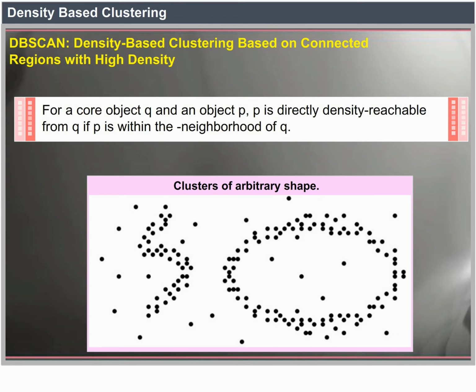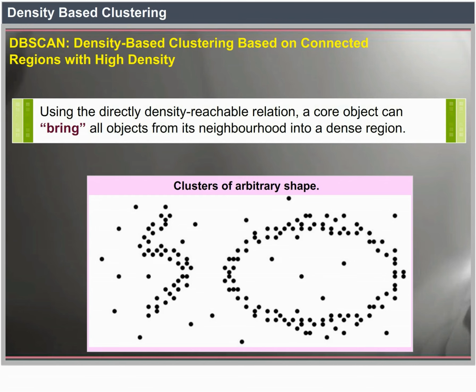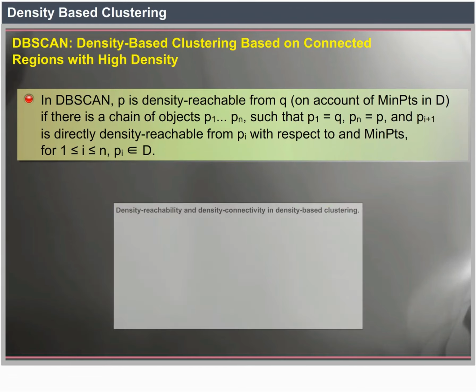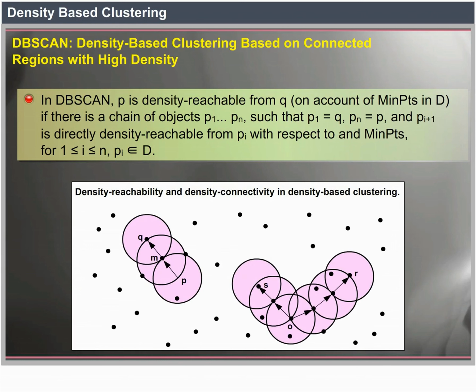For a core object Q and an object P, P is directly density reachable from Q if P is within the epsilon-neighborhood of Q. Object P is directly density reachable from another object Q if and only if Q is a core object and P is in the epsilon-neighborhood of Q. Using the directly density reachable relation, a core object can bring all the objects from its neighborhood into a dense region.